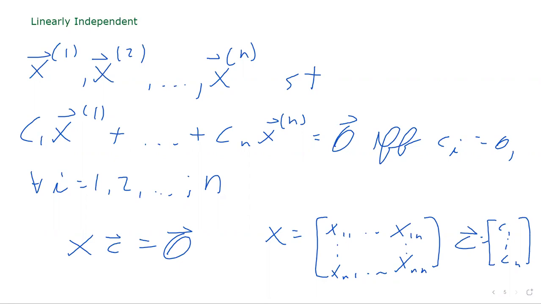It has our c's in it. So that's another way to represent our linear independence. So we set equal to 0, but then it's a matter of whether or not the c's have to all be zeros or not.